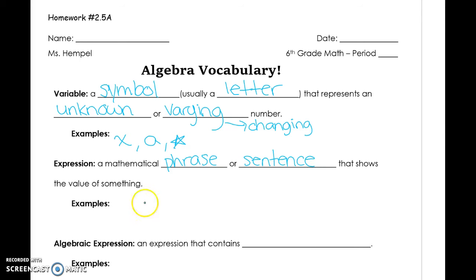So for example, 2 plus 2 is an expression. Okay, it does not have an equal sign. That expression has a value of 4, but we would say that it's an expression. Another one could be 4 squared plus 8 times 3. Okay, they could be really long or they could be short. Those are examples of expressions.